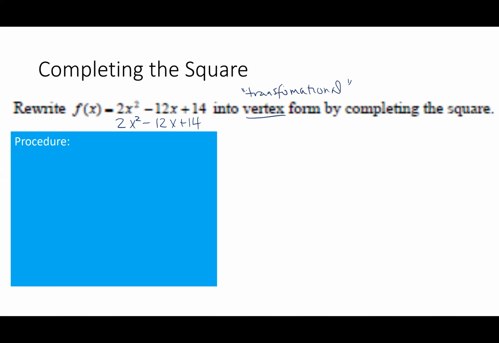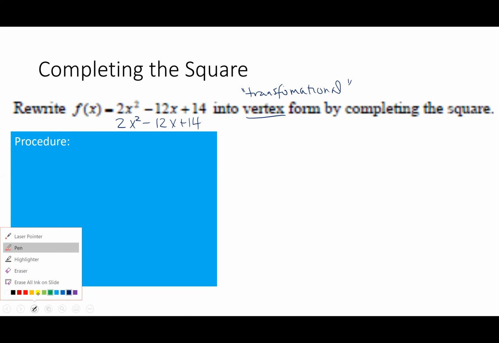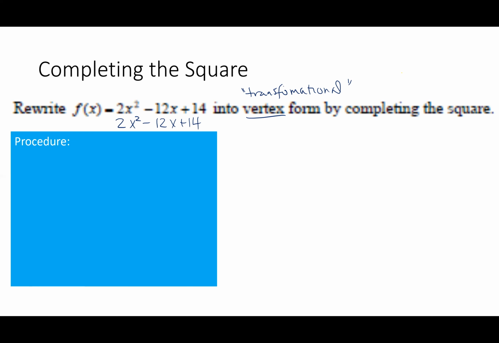So it's helpful here to use proper language. So transformational form, ultimately, what's going to happen here? After all is said and done, I'm going to have to end up with a quadratic parabola that's going to look like this.